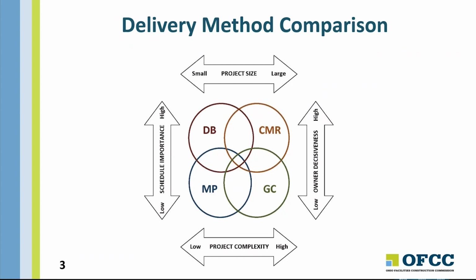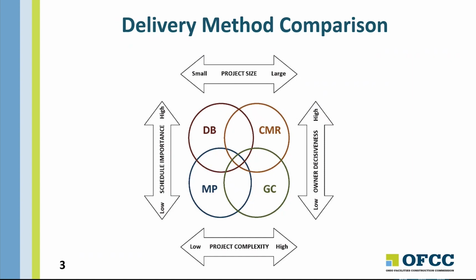Multiple prime, abbreviated as MP in the diagram, is shown in the lower left quadrant, representing that this delivery method fits better for projects that are small in scale, low complexity, do not require fast execution of the work in regards to the schedule, and can better accommodate indecisive owners during the design phase.